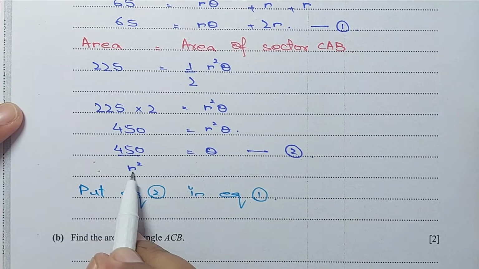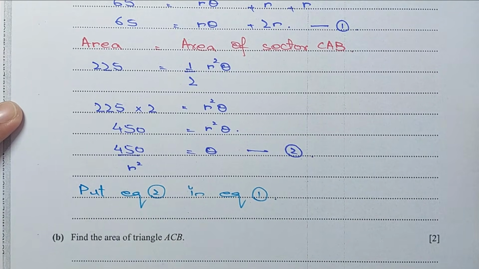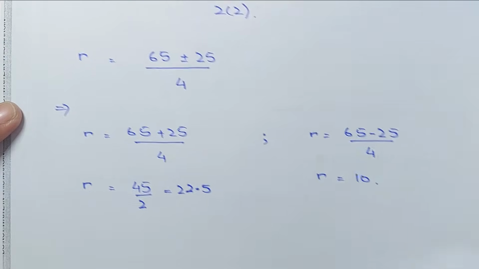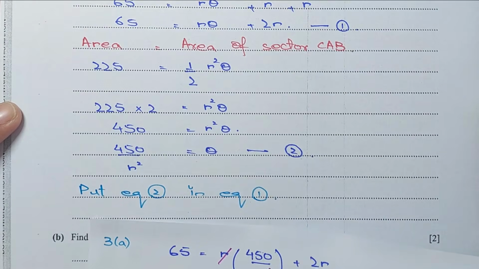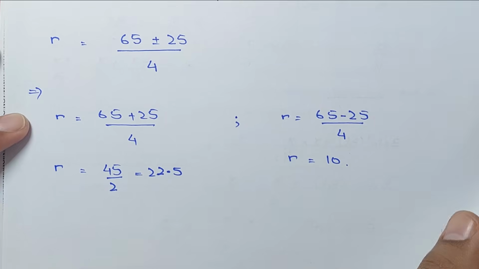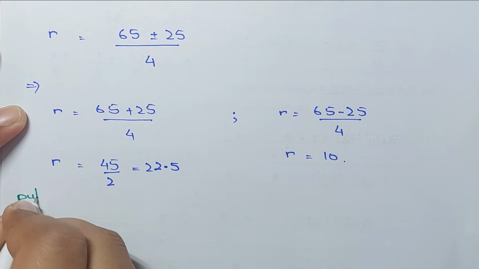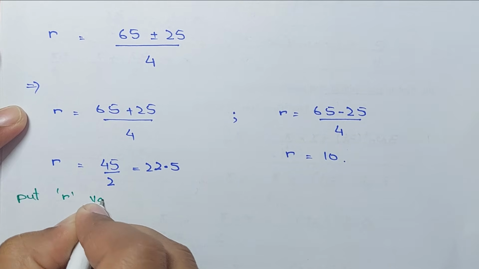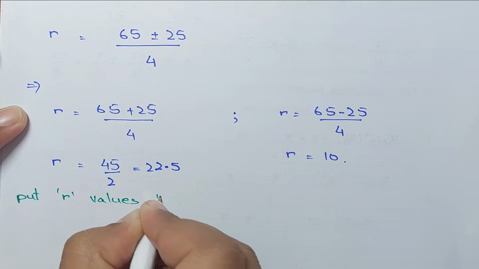Now substitute the two values of radius over here and solve for theta. So 450 over radius square is theta. Put the r values in equation 2.